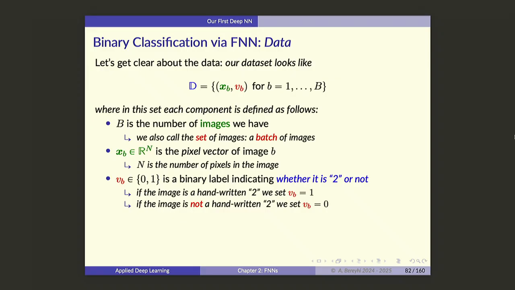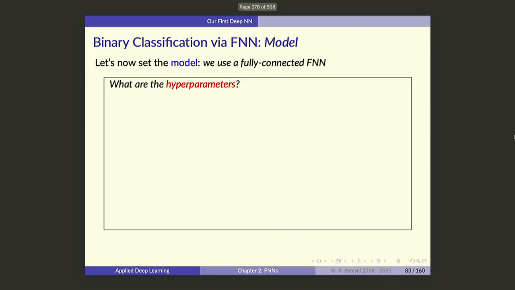So this is the kind of data set that you have, and we can put one neural network to just do this job, right? I want to just consider a deep neural network, like the simplest deep neural network that I can think of. So how many hidden layers do I need? 2, right? So I need to have at least 2 hidden layers.